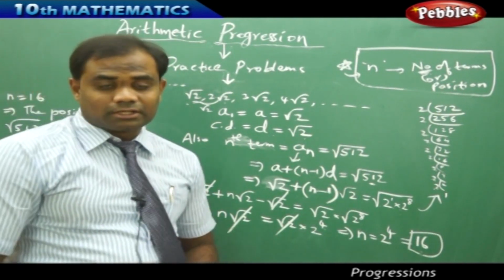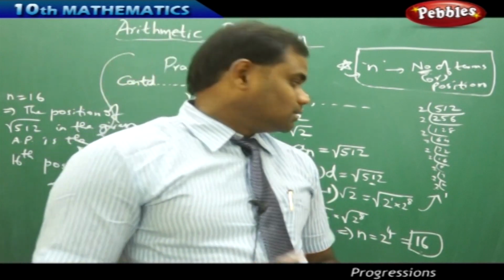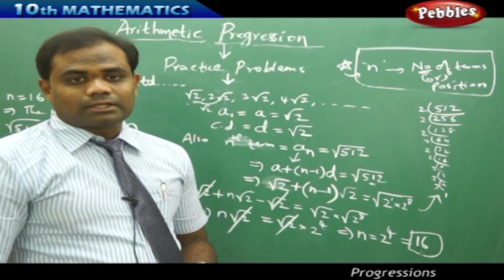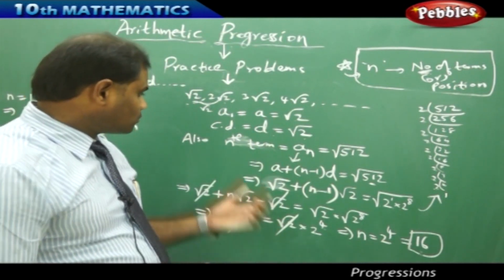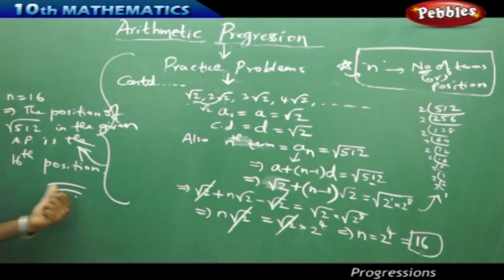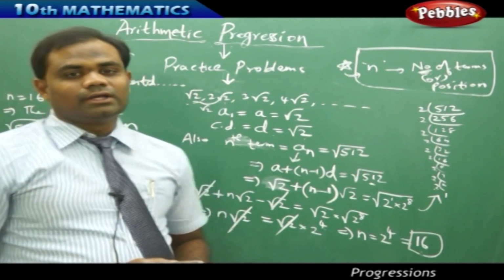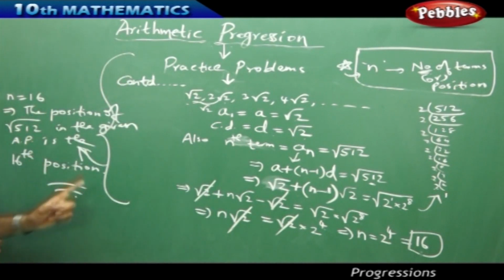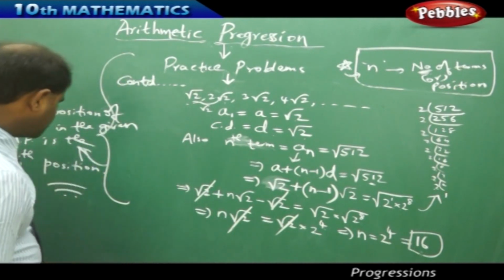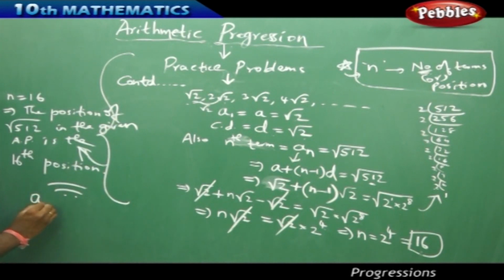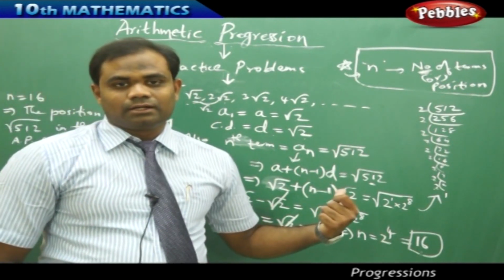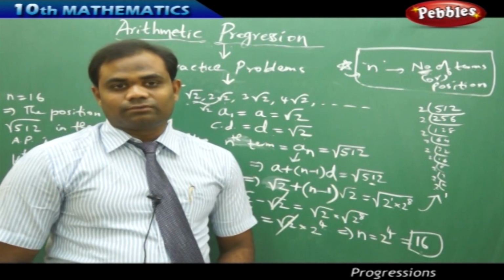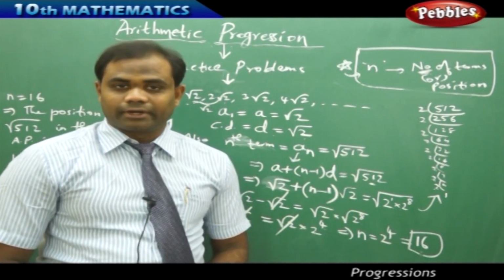So arithmetic progression is also about finding the position of a term along with finding its first term and common difference. In this case, the term root 512 is identified to be in the 16th position, or is said to be the 16th term of the given arithmetic progression. More mathematically written as A16 equals root 512 for the given problem, is how I understand the question of finding the position of an element in the given arithmetic progression.